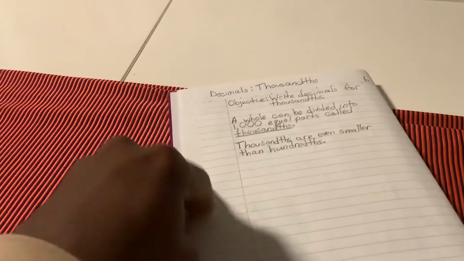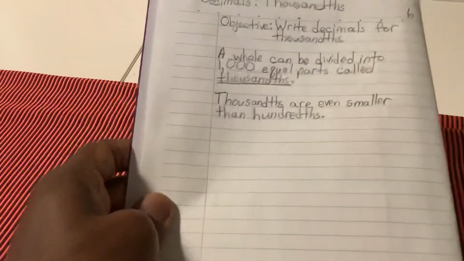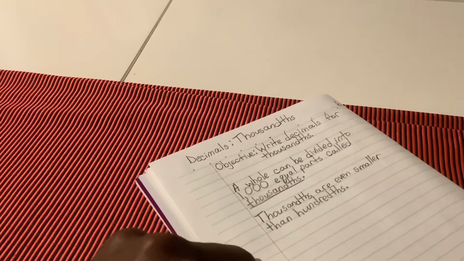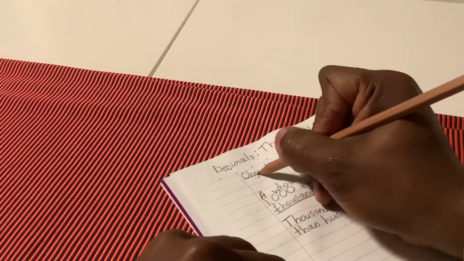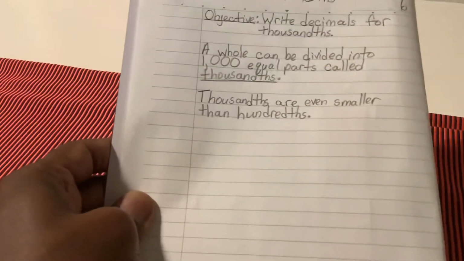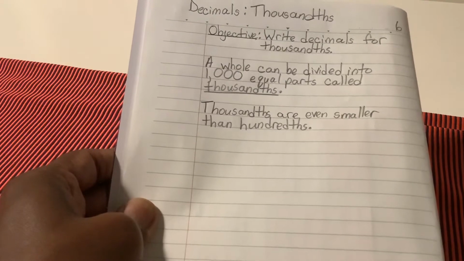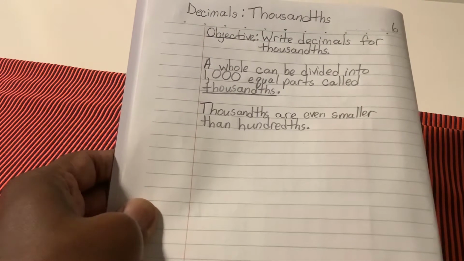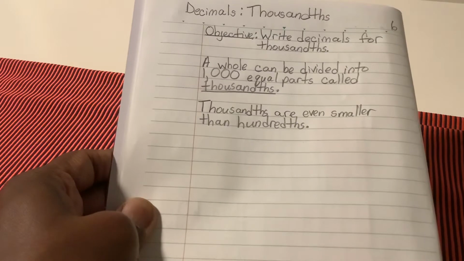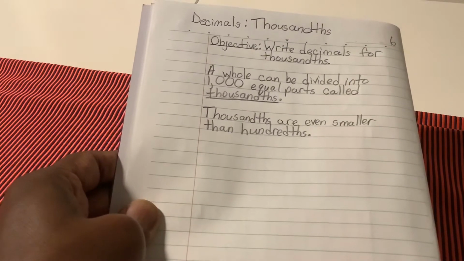So that's what I've written here, my objective. Write decimals for thousandths. A whole can be divided into 1,000 equal parts called thousandths. And thousandths are even smaller than hundredths.